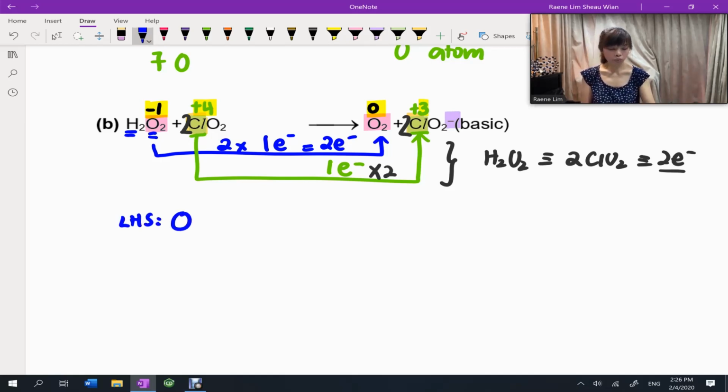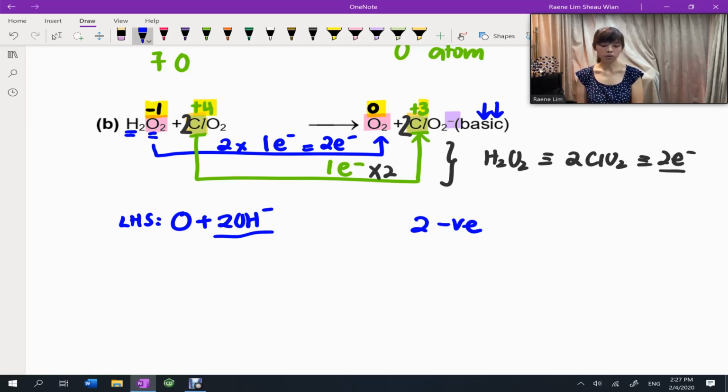On the right-hand side, we have a -2, 2 negative charges. Now, since it's basic, we have to add OH-. So in order to balance the charges so that both sides become -2, we have to add 2 moles of OH- to the left-hand side.